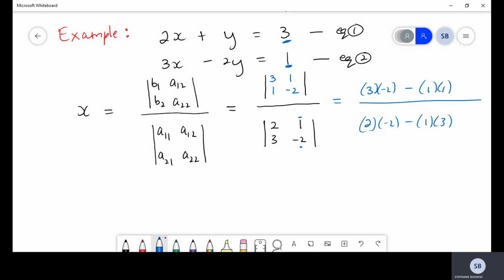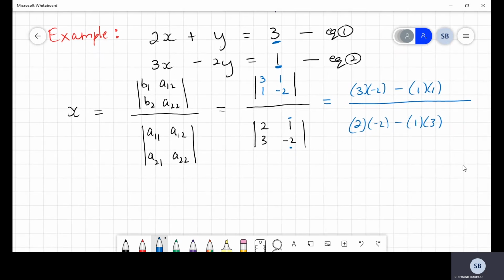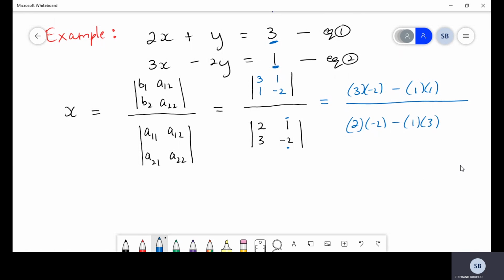The order in which you do this is not 100% important because multiplication is commutative. All right, and this answer works out to be equal to 1. You can plug these in your calculator and verify with me.